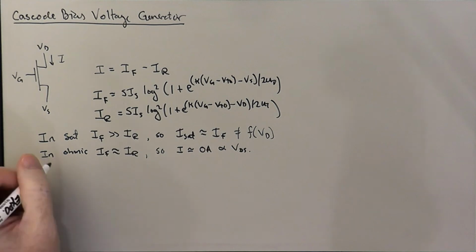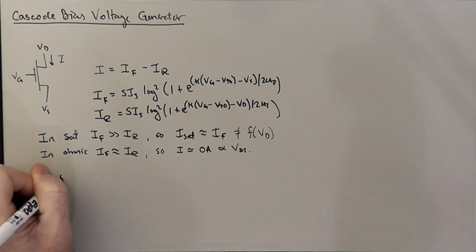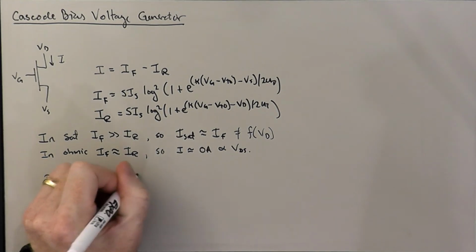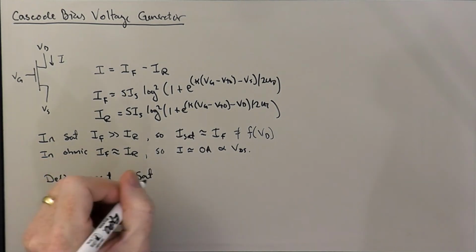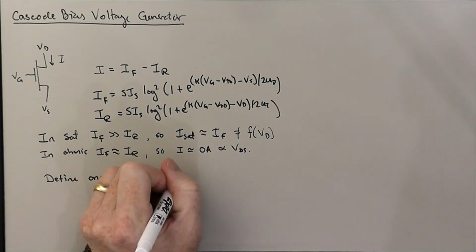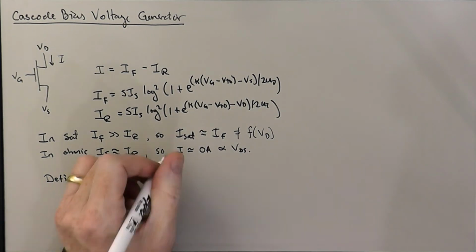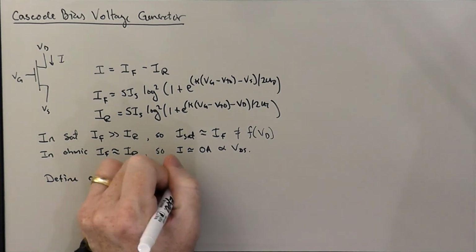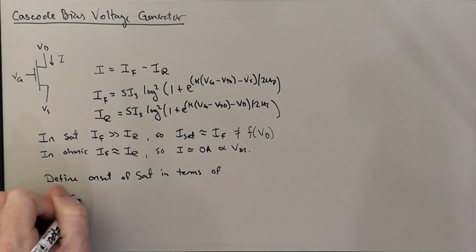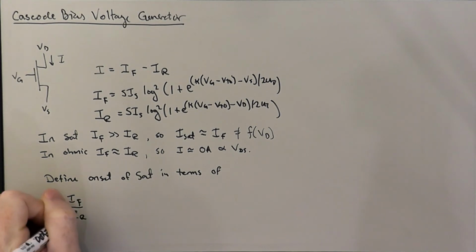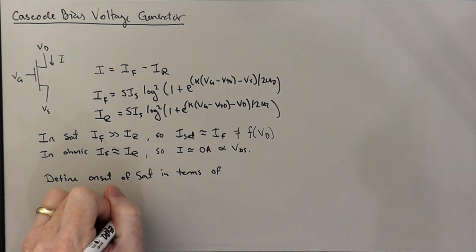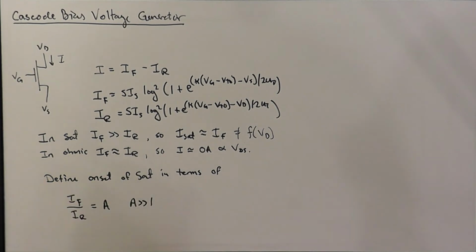So we could define the onset of saturation in terms of IF to IR, that ratio being equal to some large number A, where A is much bigger than 1.